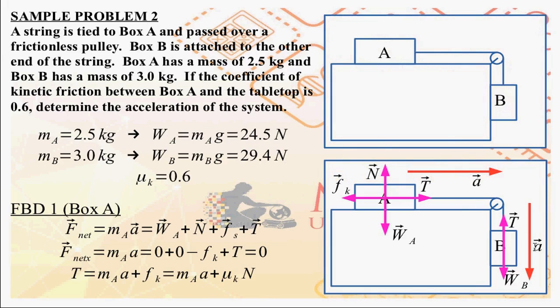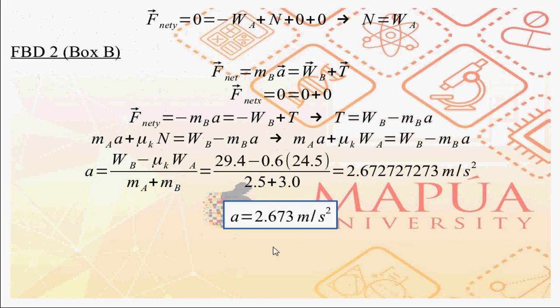Instead of acceleration heading to the right and then downwards, acceleration would be heading upwards and then to the left. But since we got a positive answer in our derivation, the acceleration direction that we assumed was correct.